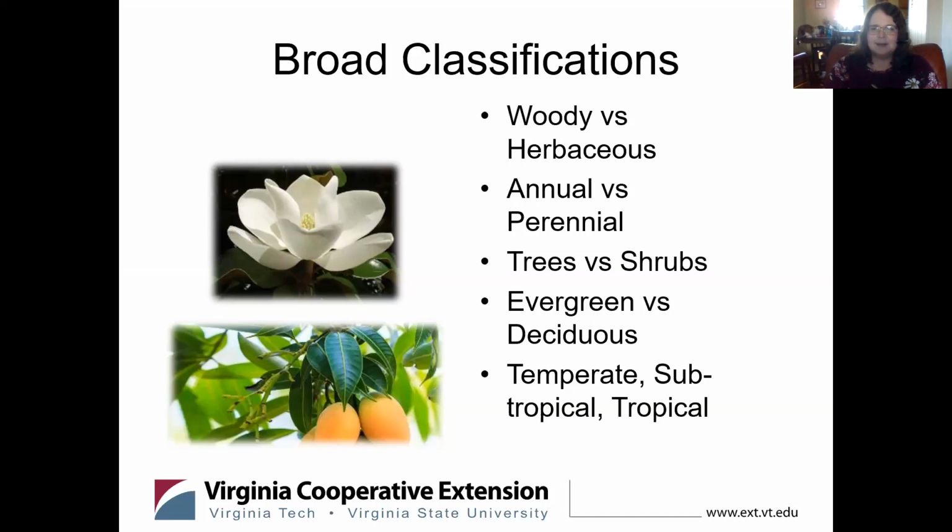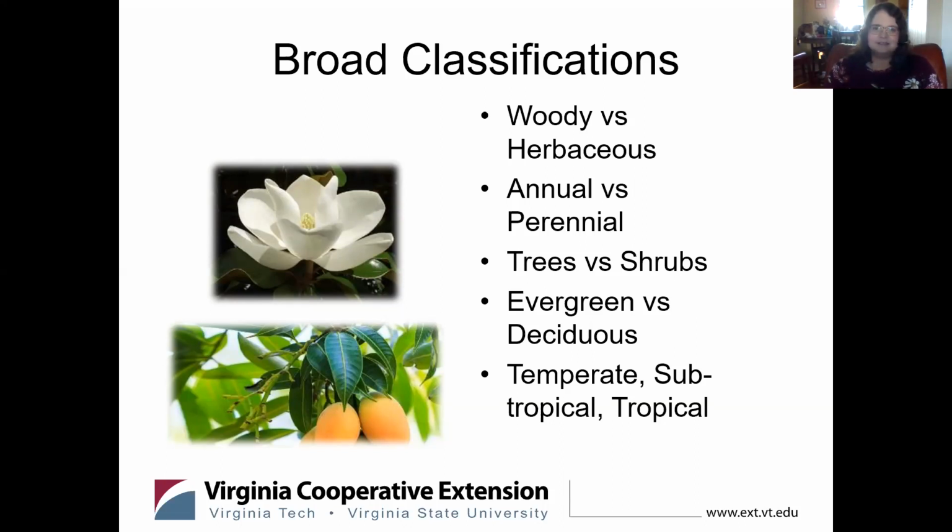Herbaceous plants have top growth during the growing season and then die down, usually to only their roots or their crown, in the cooler seasons of the year. Depending on where you're at, right here in Virginia, it would be during the winter time. Maybe you have a wet and dry season. In the dry season, they would do the same thing.